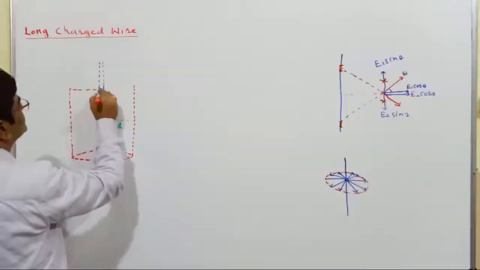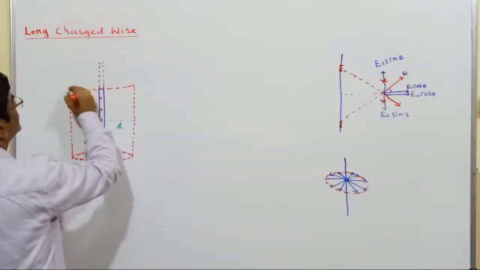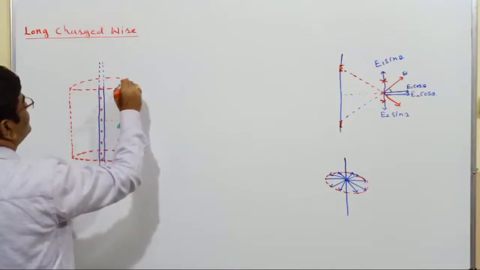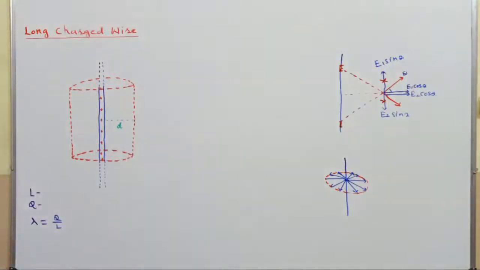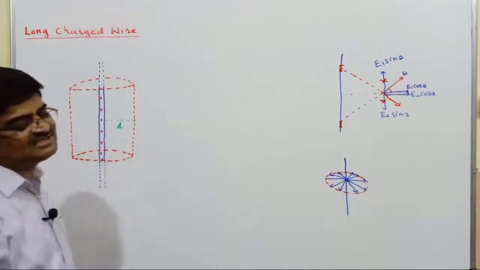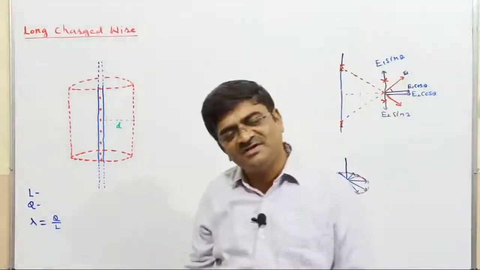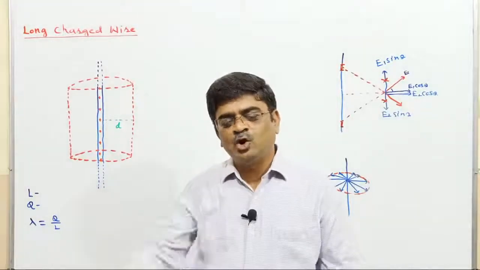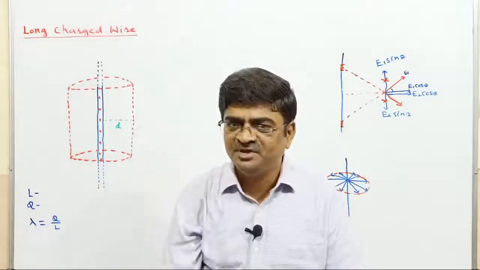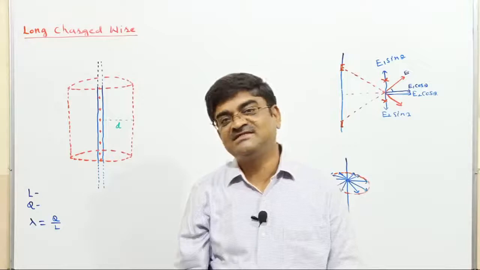Look here, children. The Gaussian surface which I am going to draw for the present scenario is a cylindrical Gaussian surface in such a way that my long wire happens to be the axis of that cylinder.